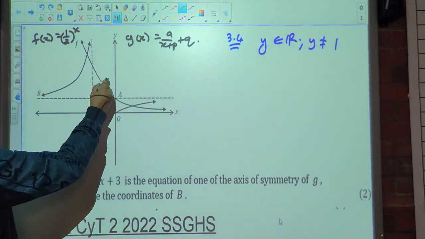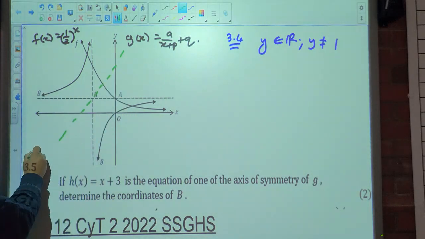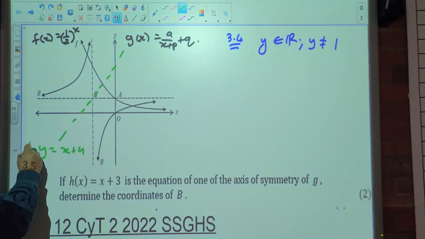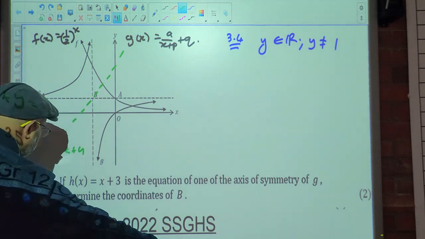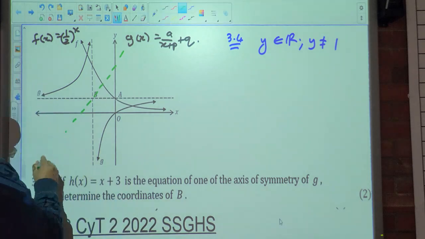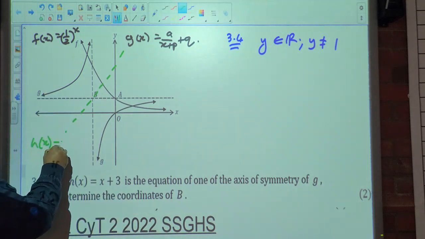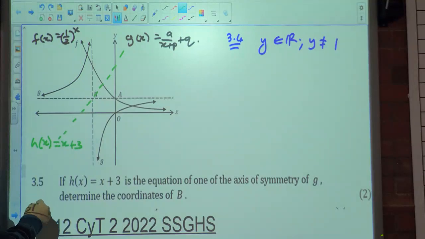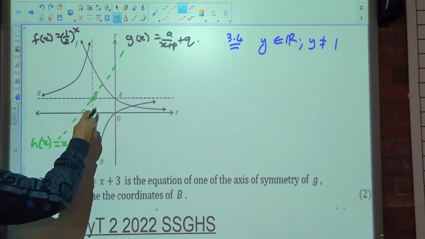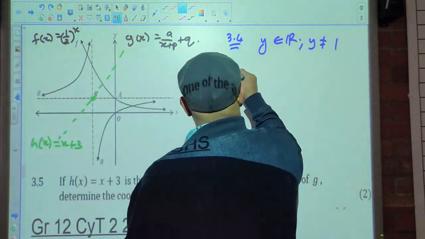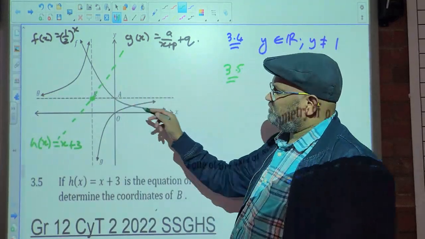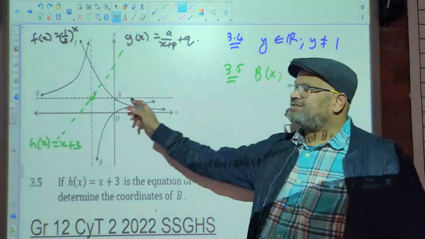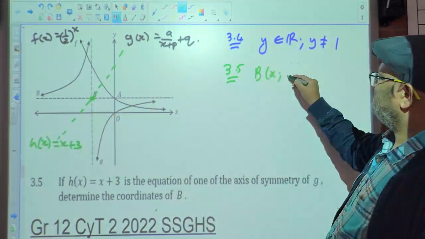So y is equal to x plus 3, or h of x. But we know they want the coordinates of B. But what do we know about B at this point already? We know that your y value is 1.